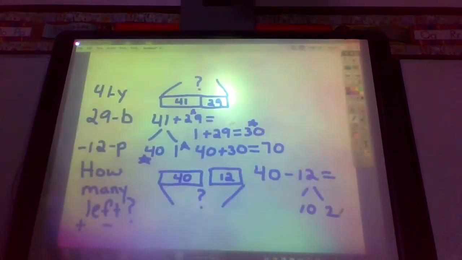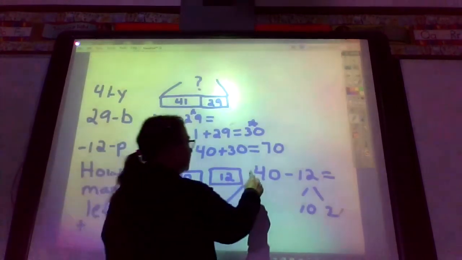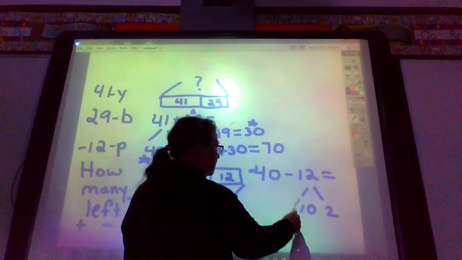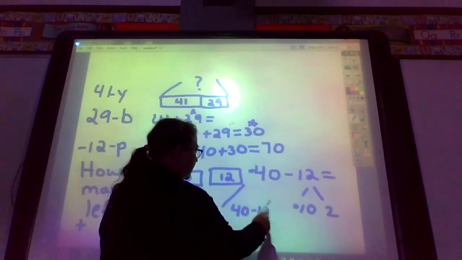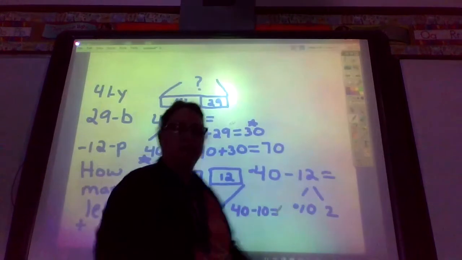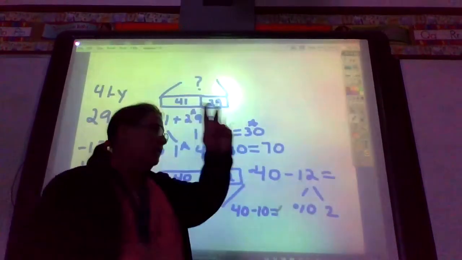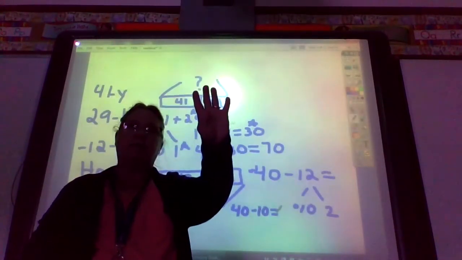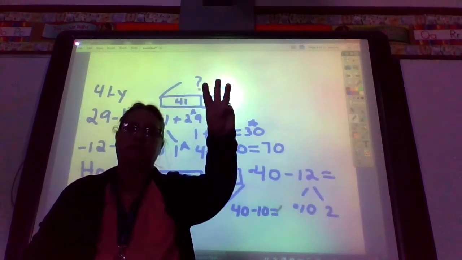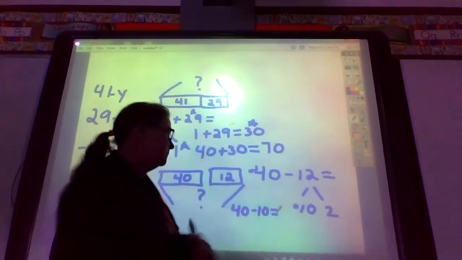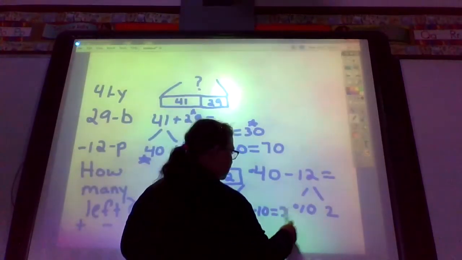Okay? Now I can subtract. I'm going to subtract this 70 and this 10. If I count backwards, I have 4 tens, and I'm going to count backwards. 10. What do I have left? I have 60 left.